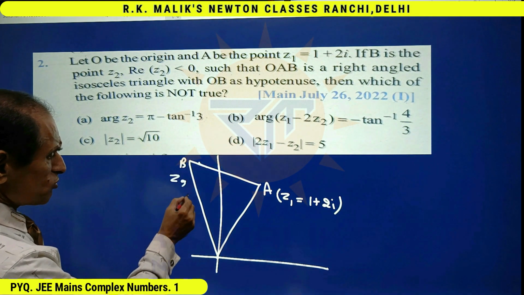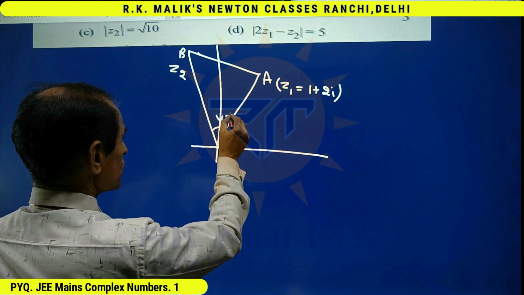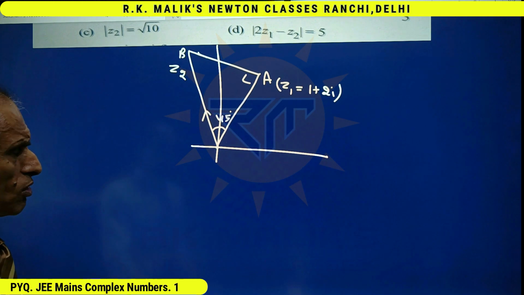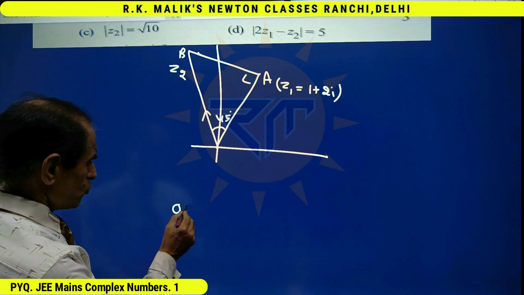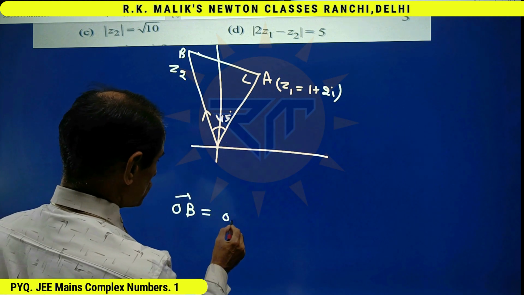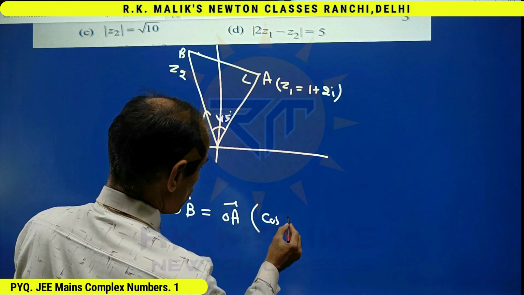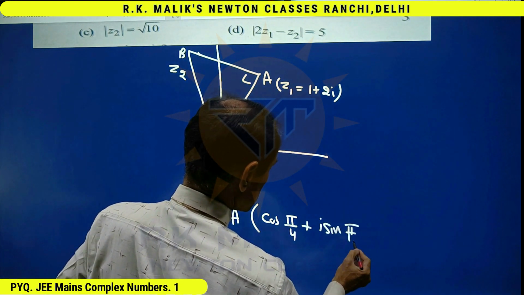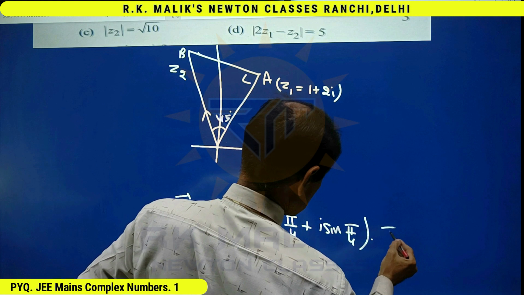As it is given that the affix of B is Z2, and because this angle is sure to be 45 degrees, because it is a right angled isosceles triangle, hence using Coni's formula, or you can also say rotation formula, I can say that OB is equal to OA into cos pi by 4 plus i sine pi by 4, into final length upon initial length, which is root 2.